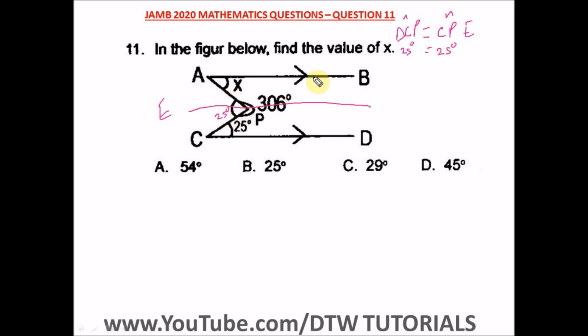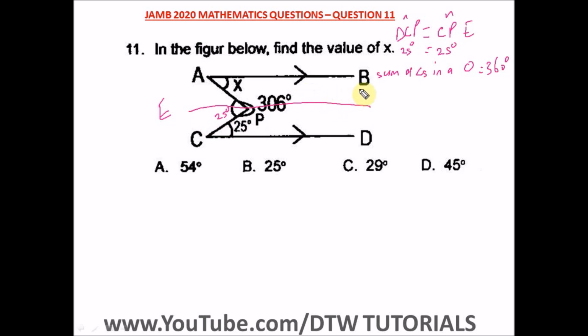Now here is 25 degrees, so we want to find this angle. To get this angle, remember that the sum of angles in a circle is equal to 360 degrees. So therefore, what do we have around this point?